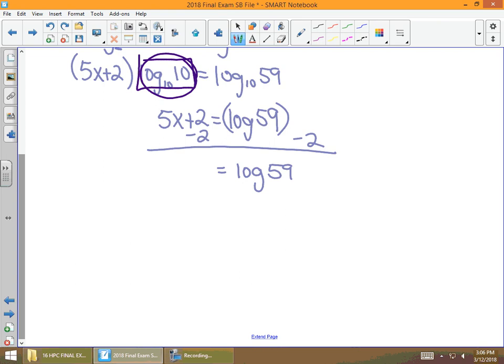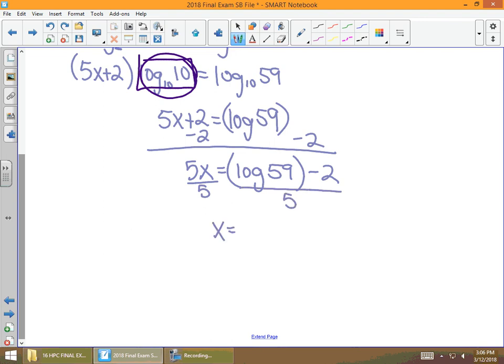So if you need to introduce some extra parentheses into your life here to keep yourself from making an error and making that log of 57, please do that. Whether it's parentheses around the whole term or parentheses just around your 59, make sure that you have that there. And then divide both sides by 5.